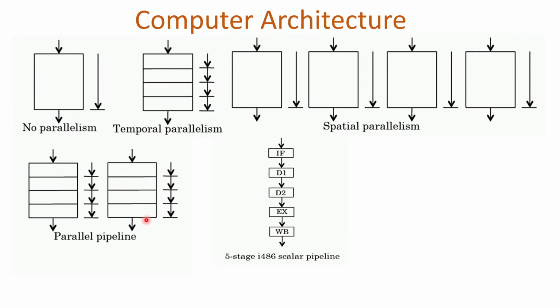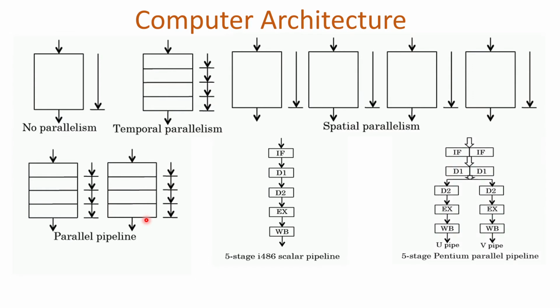It has 5 different stages: instruction fetch, decode divided into 2 parts, decode 1 and decode 2, then execution, and then write back. That's all. Now obviously you know the limitation of this, because we know the limitation of a normal temporal parallelism.